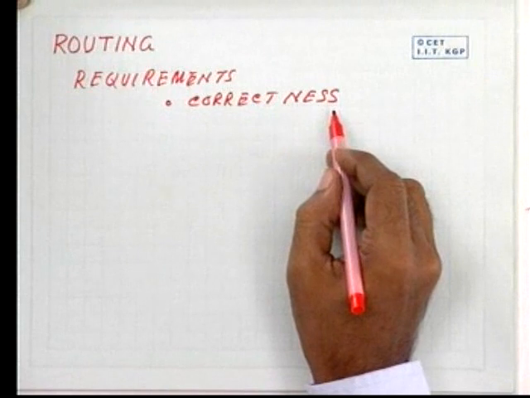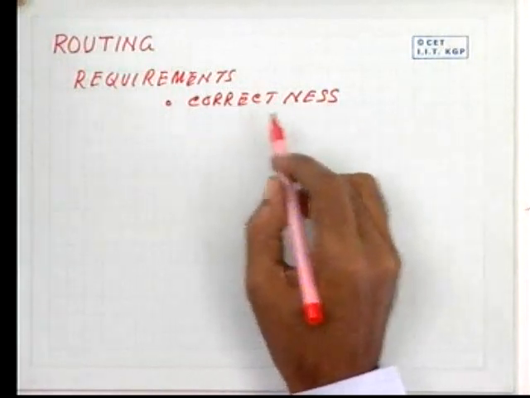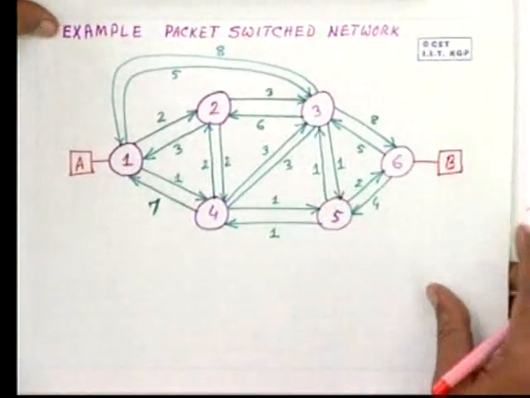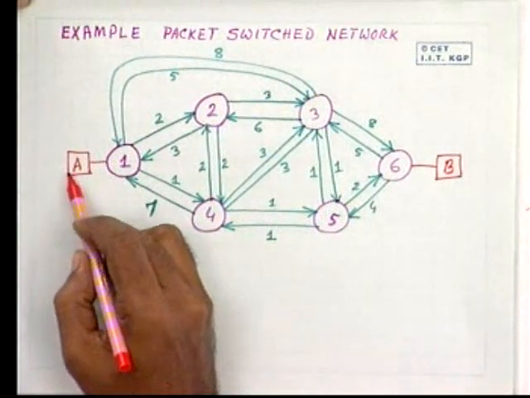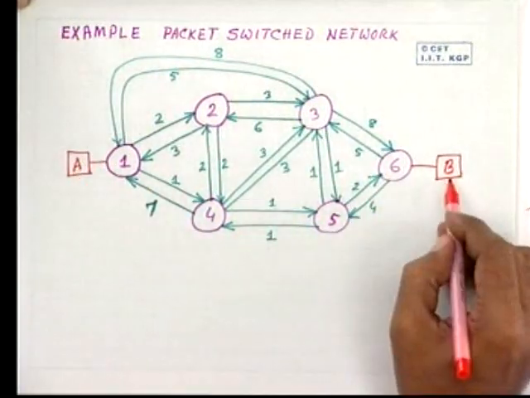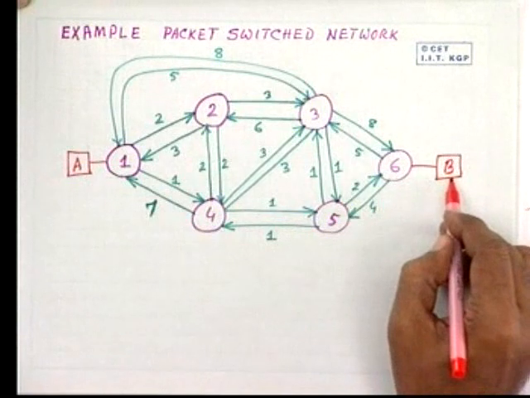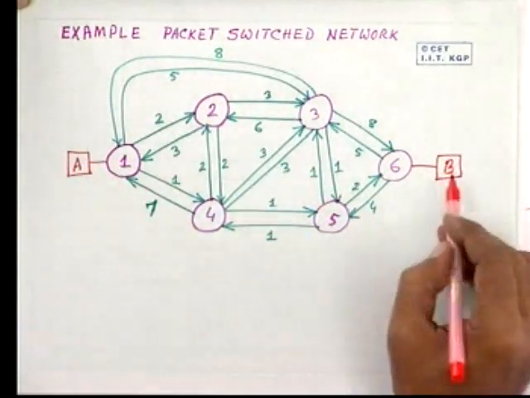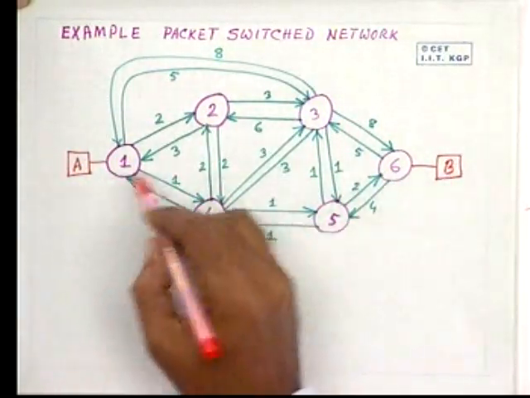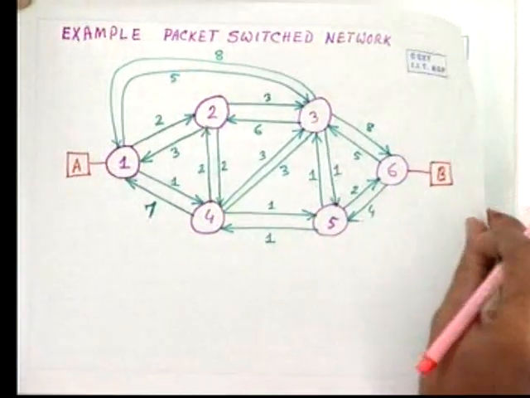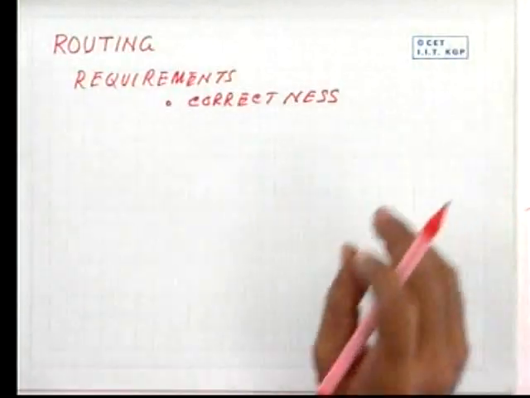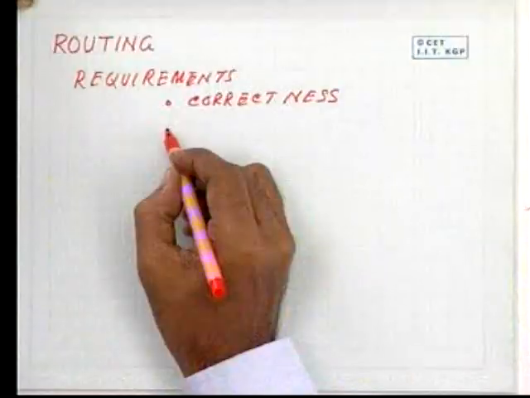Correctness is self-explanatory. It means that if station A wants to send a packet to station B, that packet has to be delivered to B. That means it should be delivered to the proper destination.